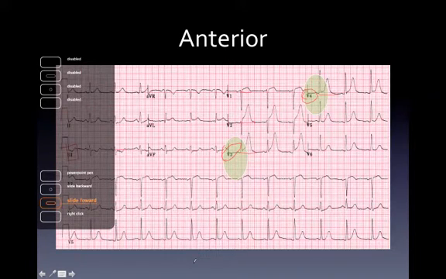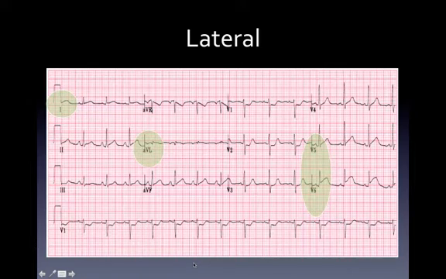V3, V4 are anterior. Here's where we had more leads. Lead 1, AVL, V5, and V6 all look at the lateral side.